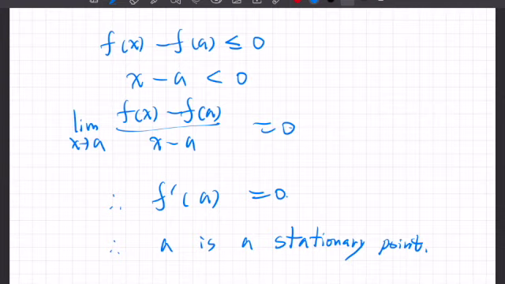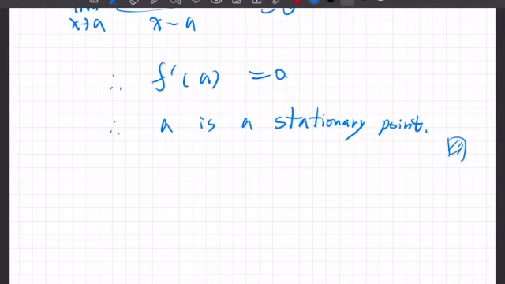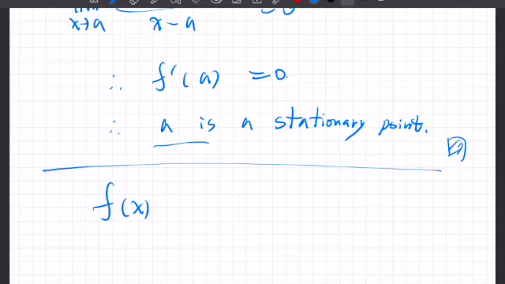Okay, so this was the proof, but you should notice that the converse of this theorem is not true. It's not always true. That means even if a is a stationary point, it does not mean that f of a is a local maximum or minimum. Okay, one simple example is this function, f of x equals x cubed.